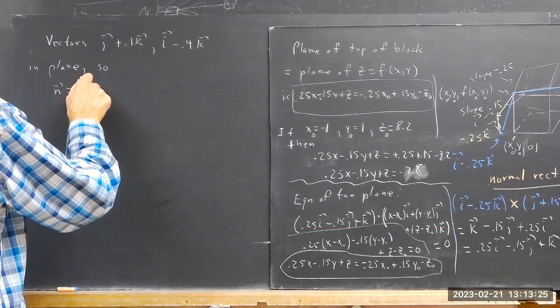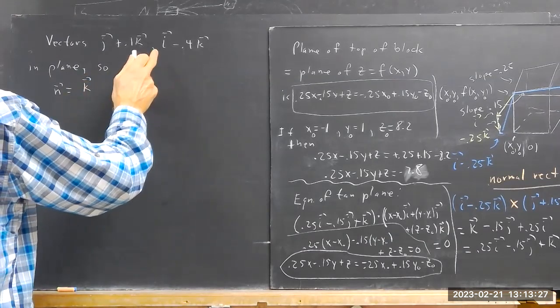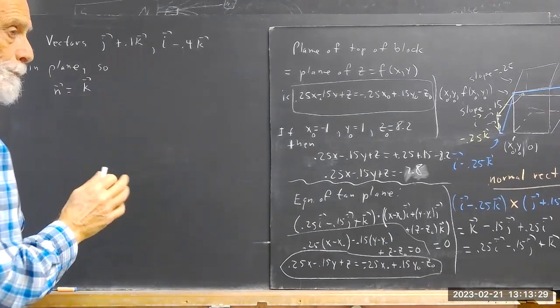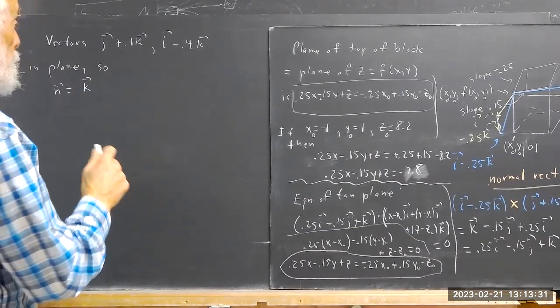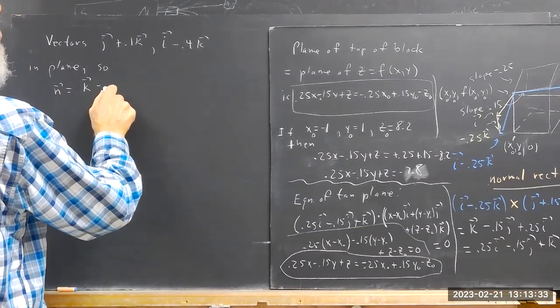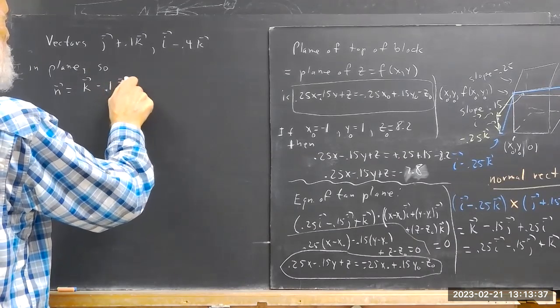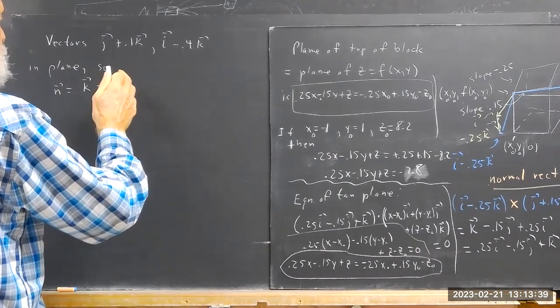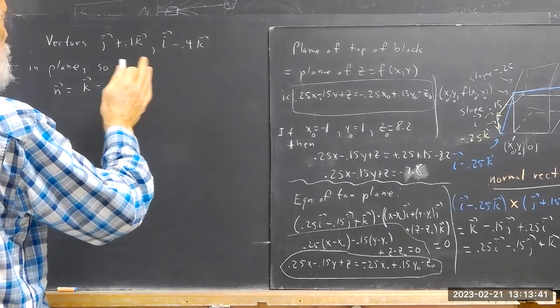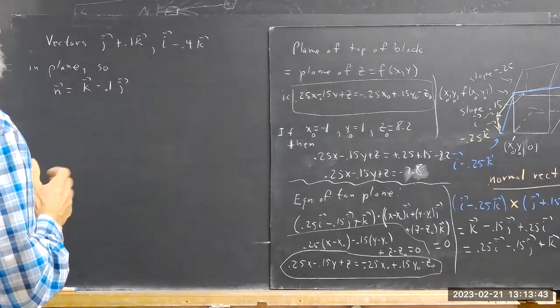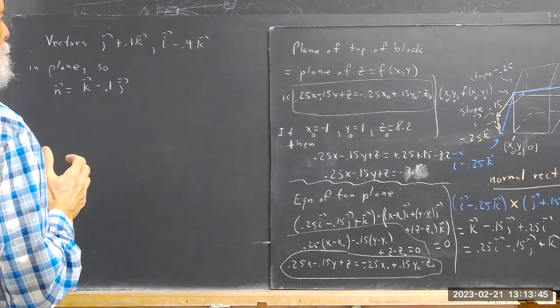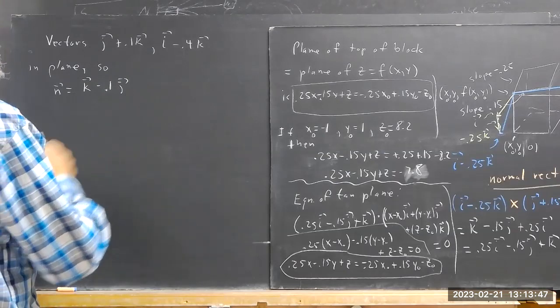Okay. And then I cross K. Negative J. And K cross J. Negative I.